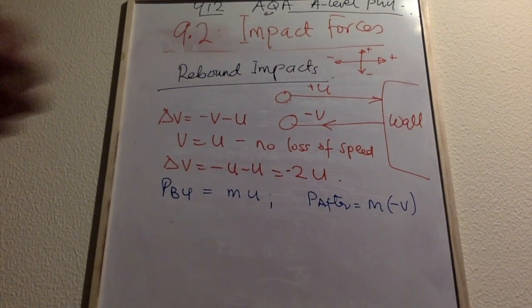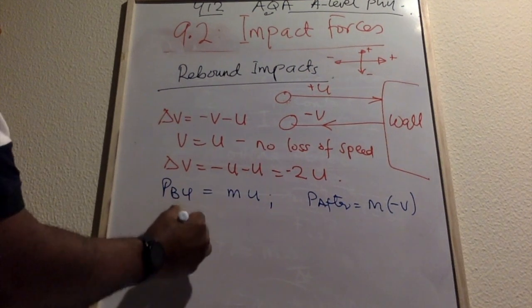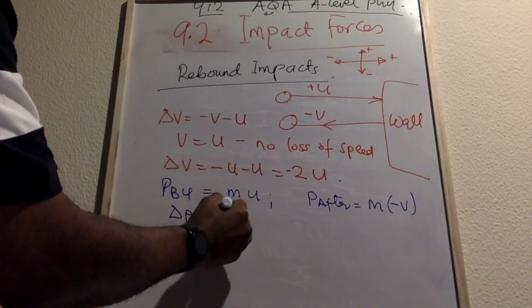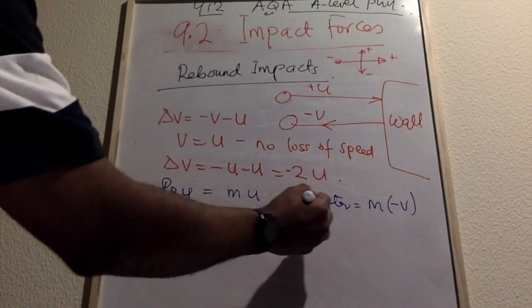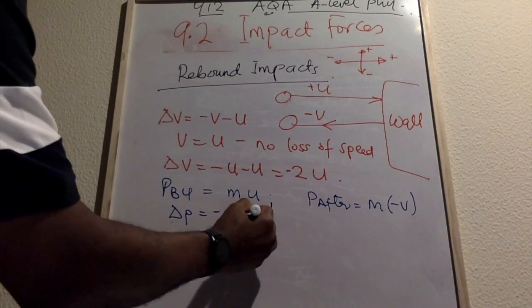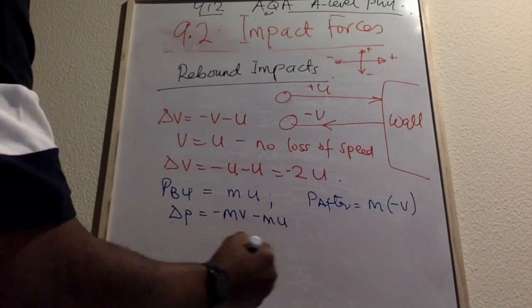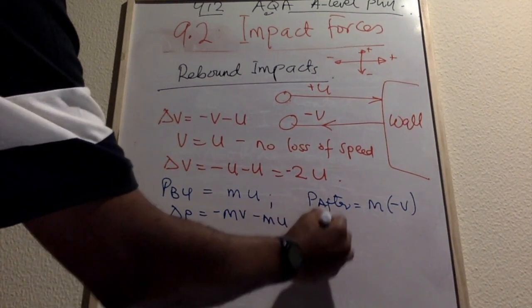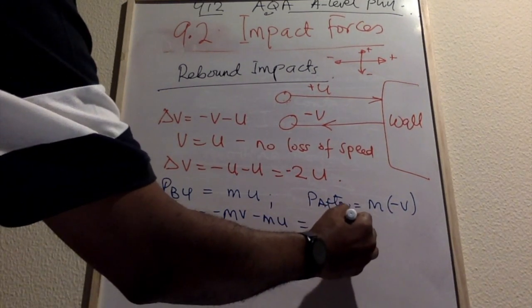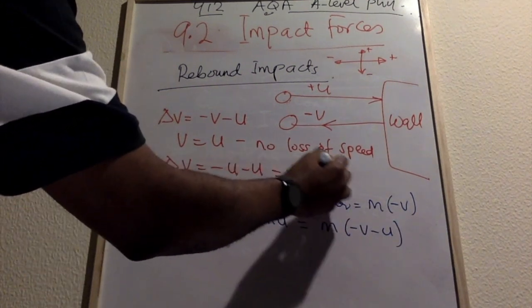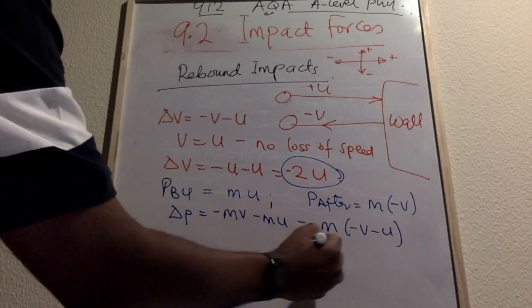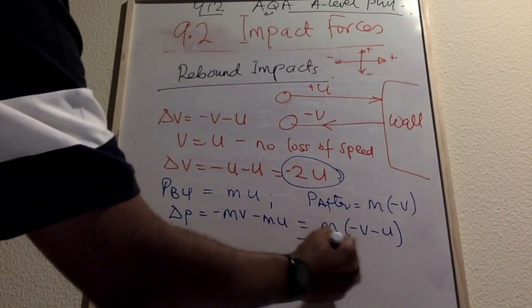So if we want to now look at the change in momentum delta p, it would then be minus mv, which is momentum after, minus mu. If we factorize, m will come out. We now have minus v minus u, but since we say that this is equal to minus 2u, we now have minus 2mu.